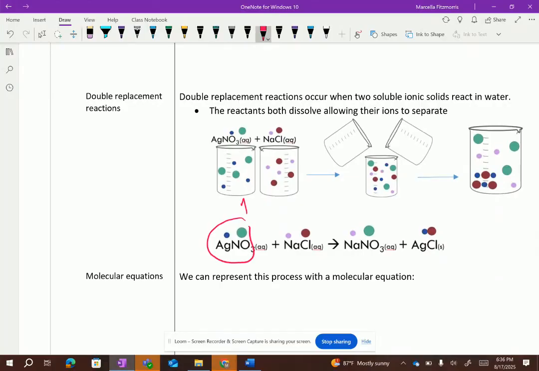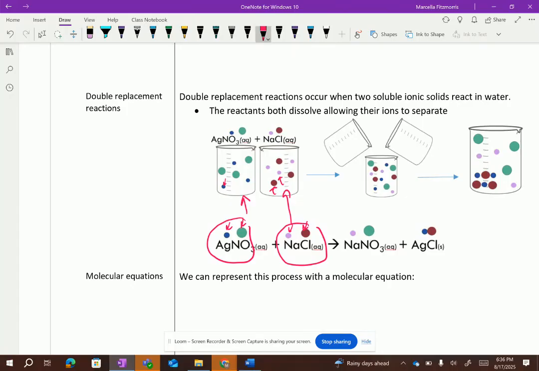AgNO3 was aqueous, and you can see how the Ag and the NO3 are floating around separately in water. They've dissolved. And then we have a second aqueous solution, and you can see the Na and the Cl floating around separately in water because they've dissolved.